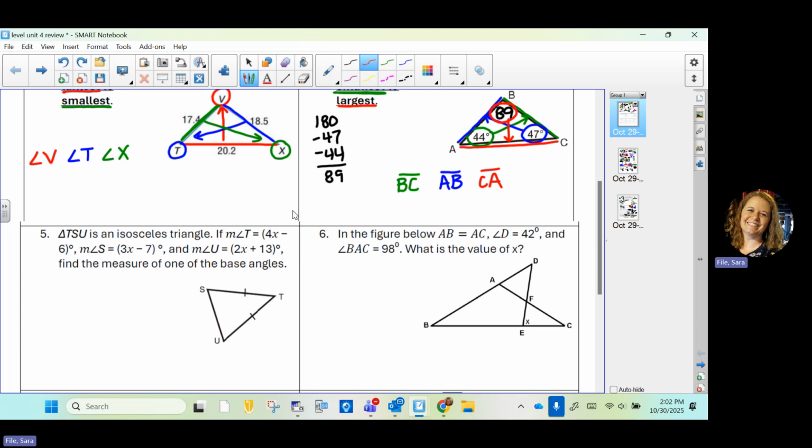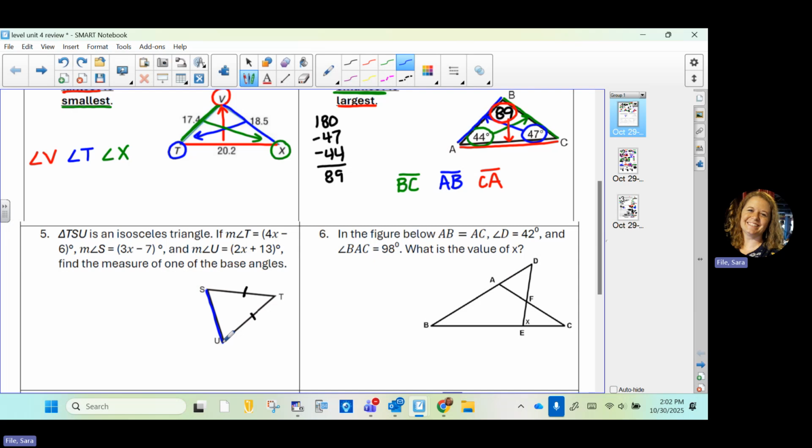All right, number 5, it says triangle TSU is isosceles. Okay, so we know that these 2 sides are congruent based on these markings. So remember, in an isosceles triangle, the 2 sides that are congruent are called the legs. The third side, the one that's not marked congruent, is the base.